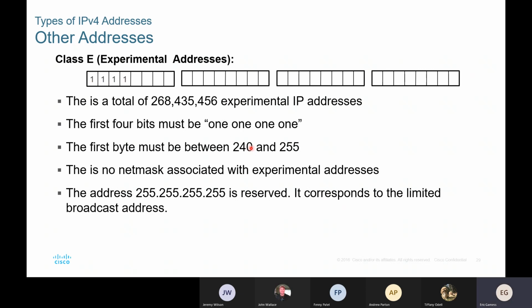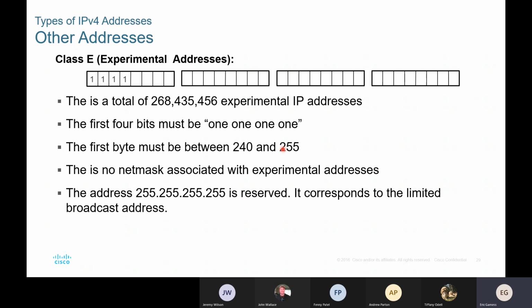And this is 240. Now, what will be the maximum value that I can have in the first byte? I fill these 4 bits with 1111. If you fill these 4 bits with 1111, it will give you 255.